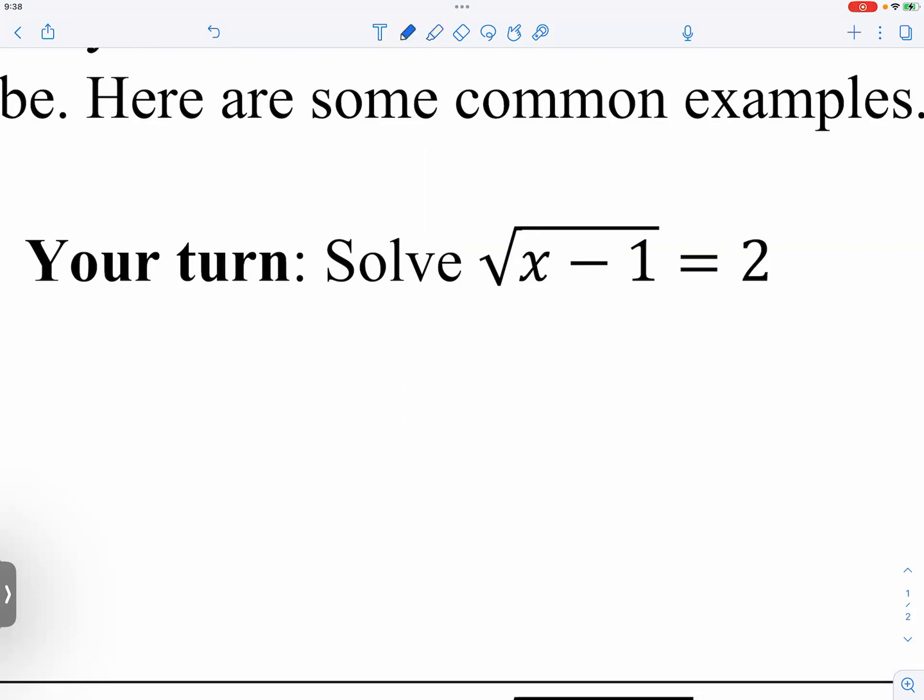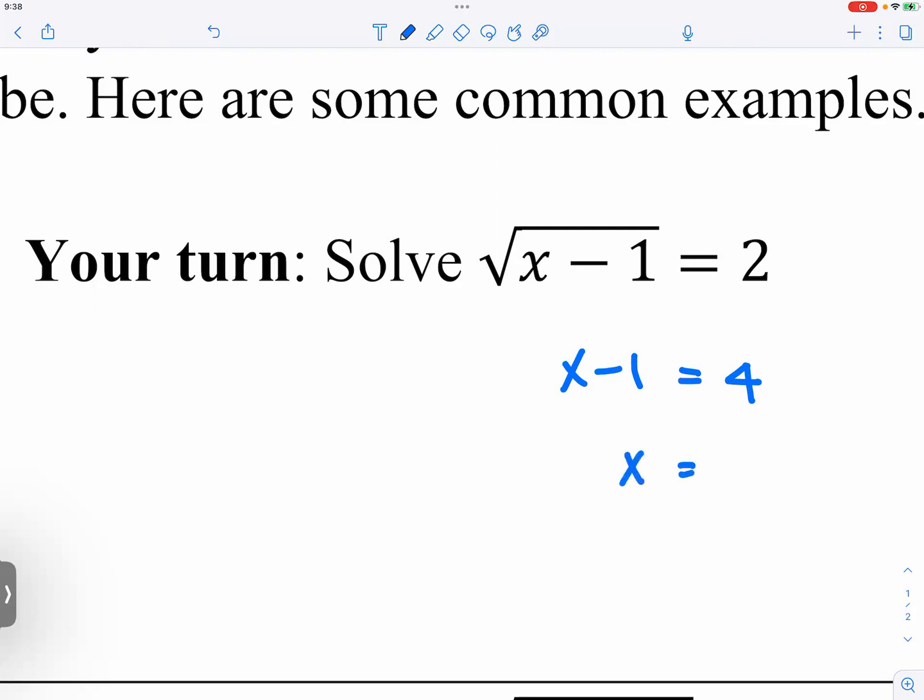So I think you can do the procedure part, but let me just walk through the thought process one. The square root of x minus 1 is equal to 2. That means x minus 1 must equal 4. Right? That's how you get 2. And something minus 1 is equal to 4.